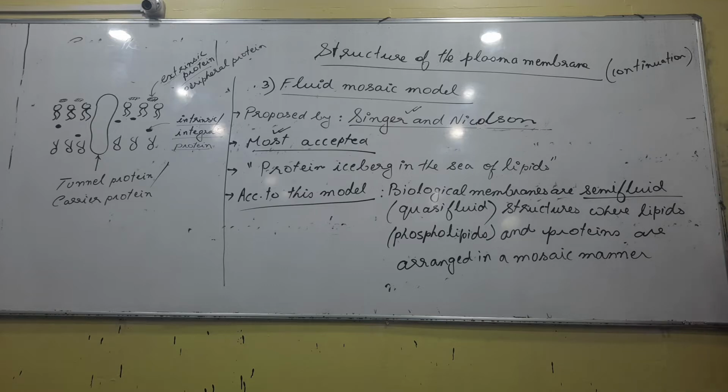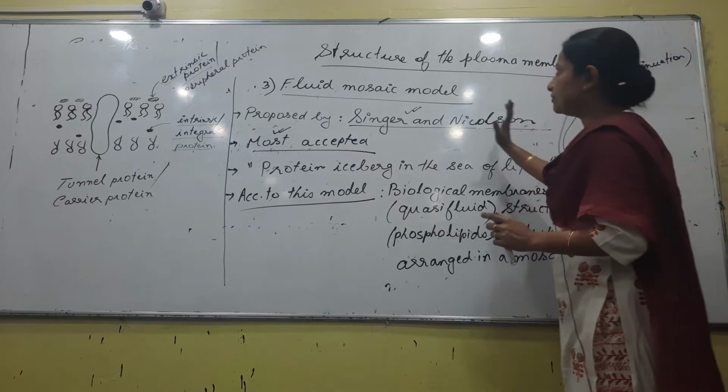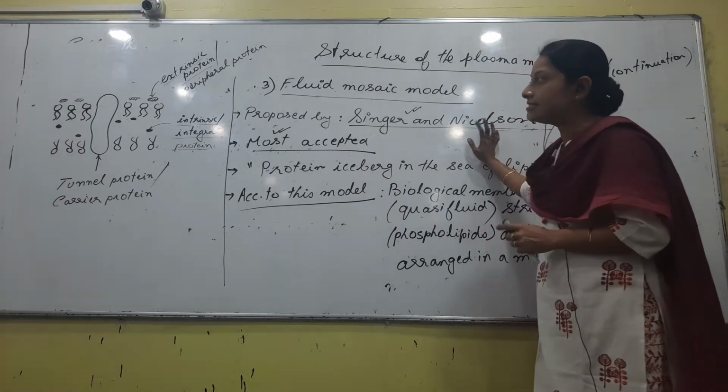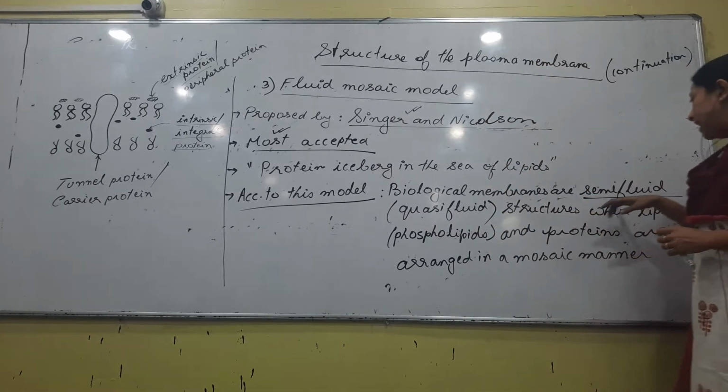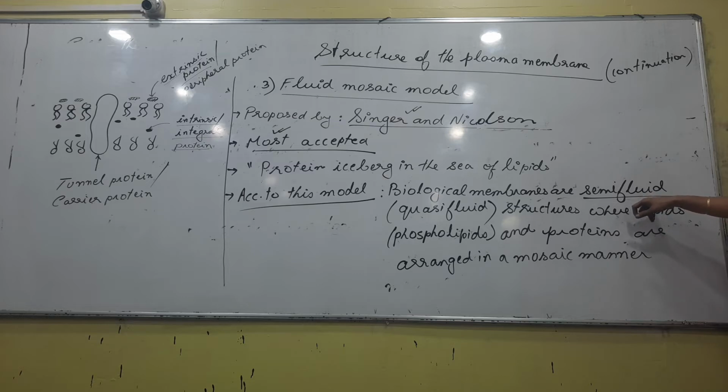So, out of the three structures or models, which one is most accepted? This one. What does this model tell us? It talks about the plasma membrane as a semi-fluid structure made up of what? Made up of phospholipid and proteins. As far as proteins are concerned, symmetrical proteins ne asymmetrical proteins? We will be using just two words, no? Either it is symmetrical protein or asymmetrical protein.